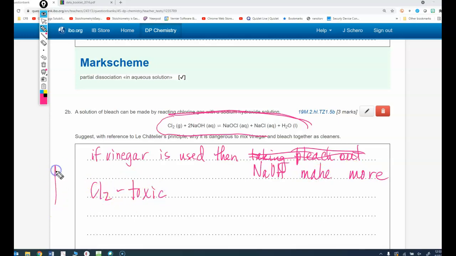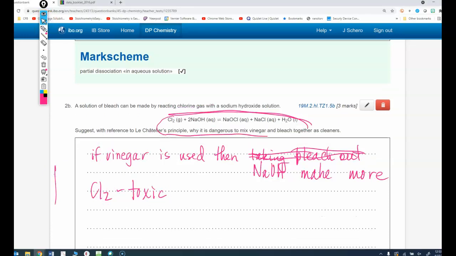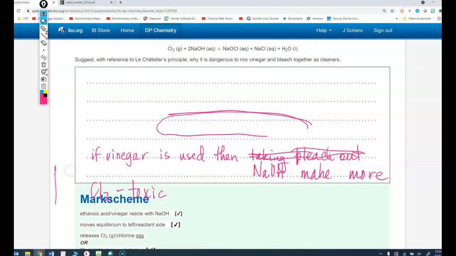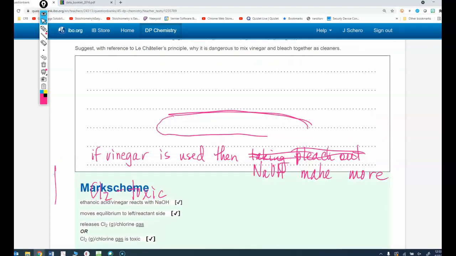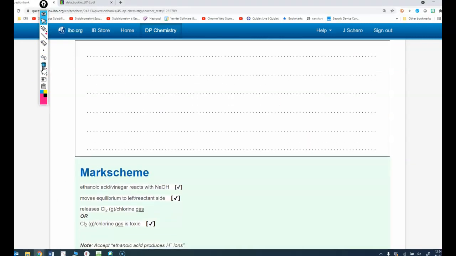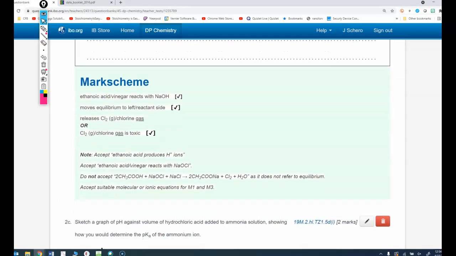Let's see if we got it right now that I've got myself thinking in the right direction. So it moves the equilibrium to the left or releases the Cl2 gas, and it is toxic. Okay, so that is what we were getting at there. I'm not going to ask this type of question on your quiz, but just so you know, IB is likely to ask that kind of question.